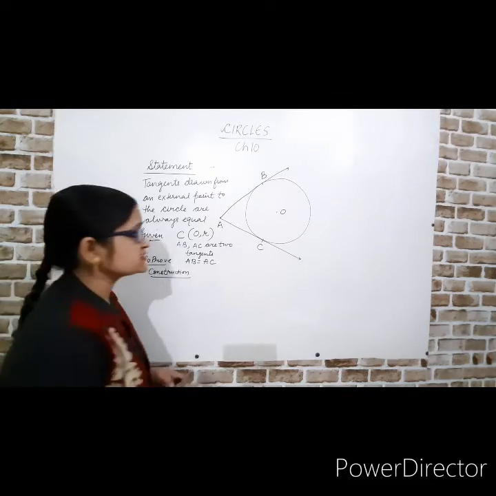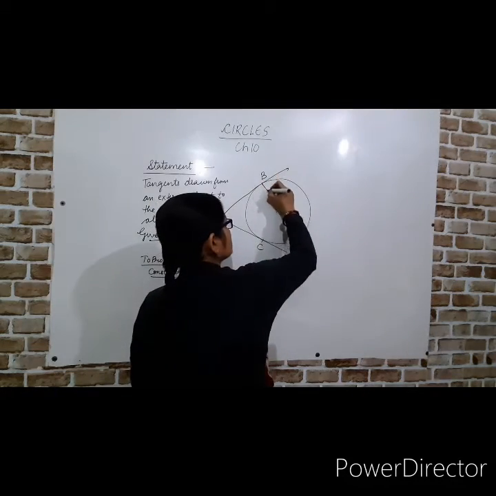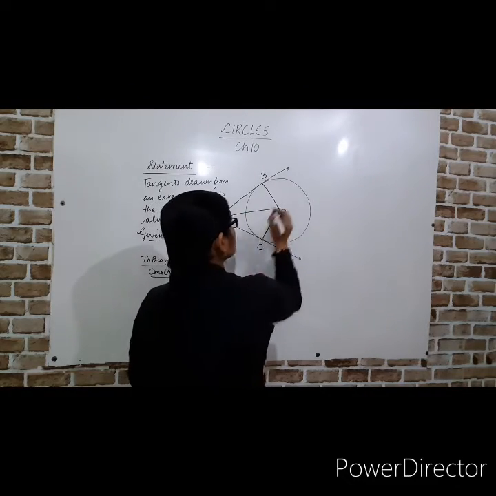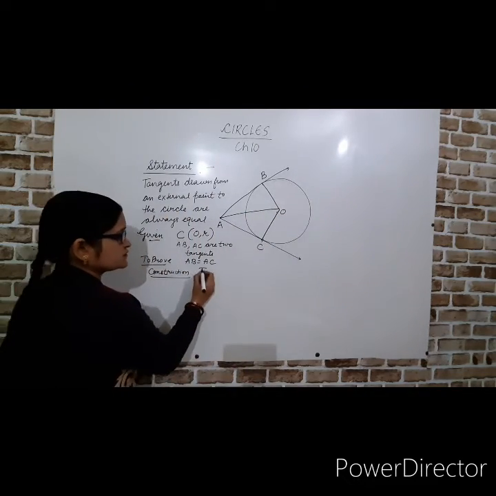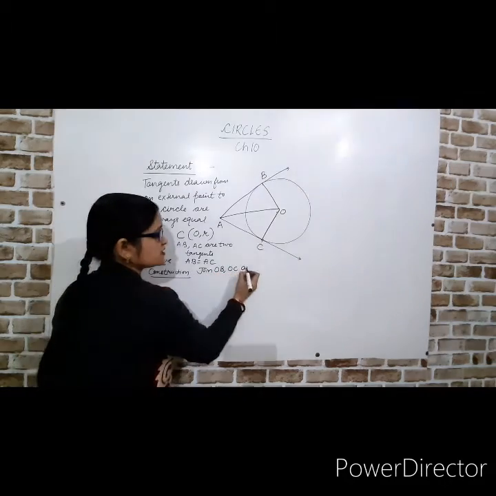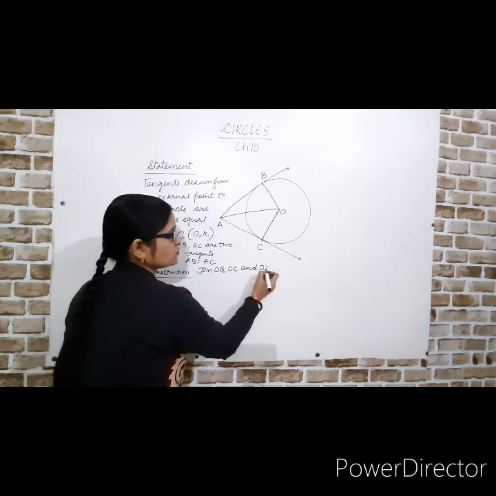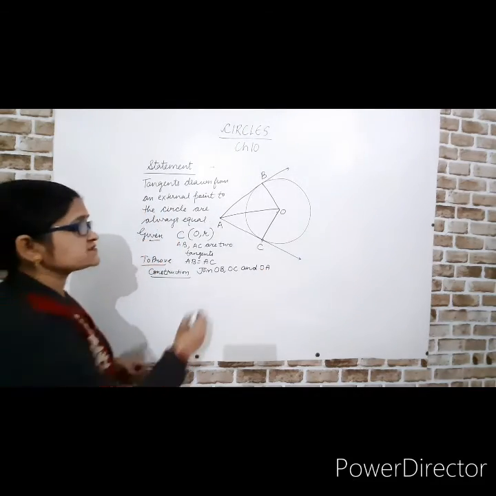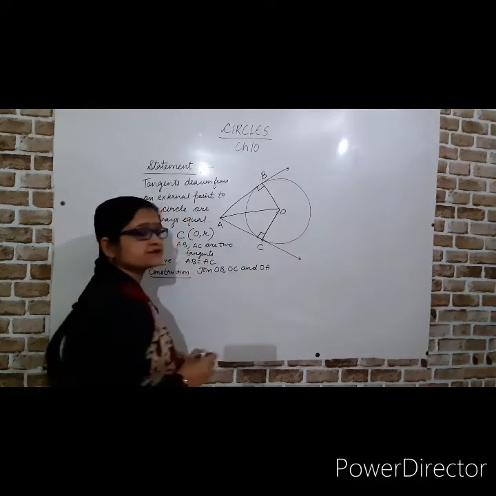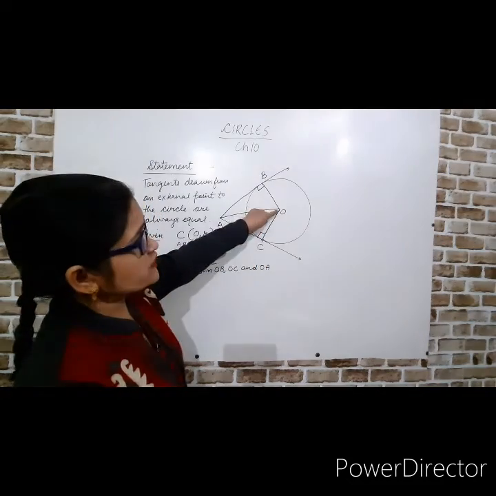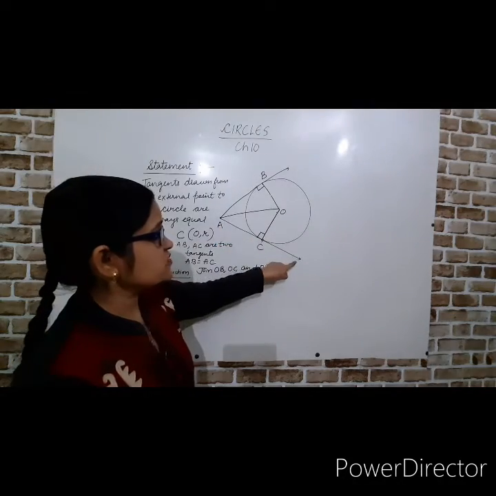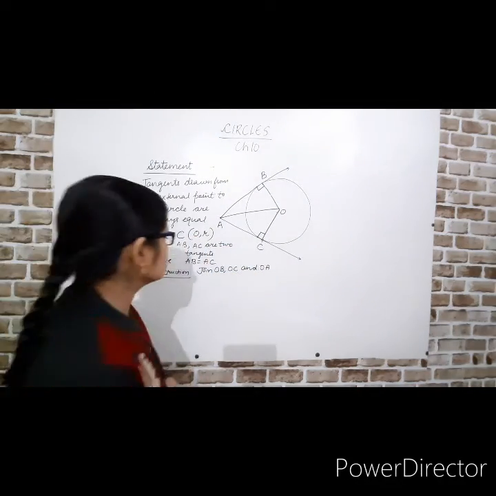What is the construction? Just join OB, OC and OA. As we know, these angles are of 90 degrees. Why? The line segment joining the center to the point of contact is always perpendicular to the tangent.